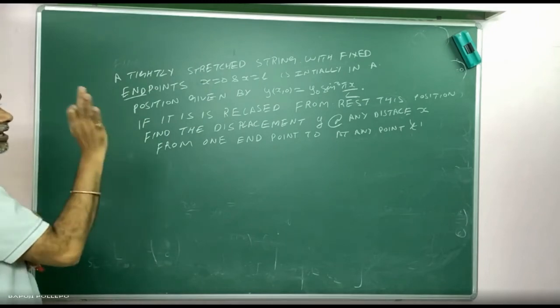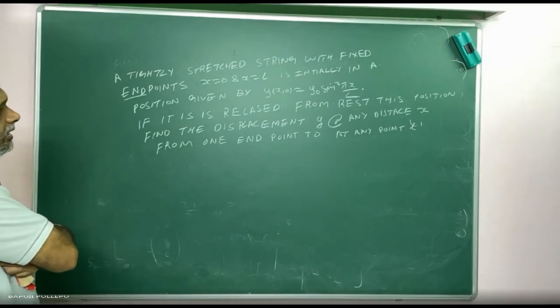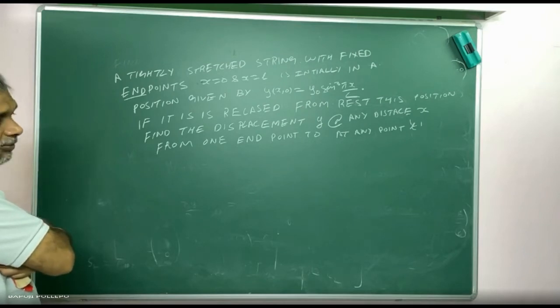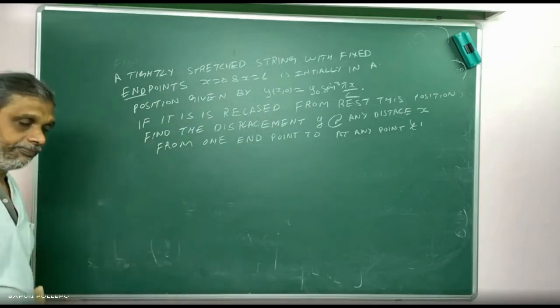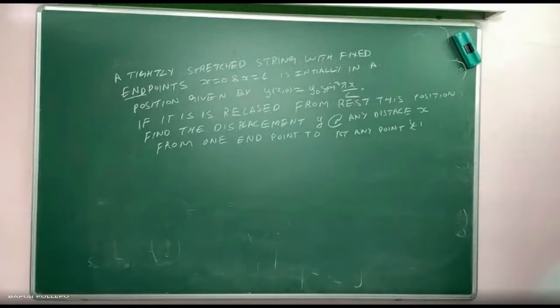Once the problem starts, you release the string from rest from this position. Find the displacement y. After that he is asking what is the displacement at any point x from one endpoint, at any time. So the general solution is being asked. Note down, this is also a very good problem.